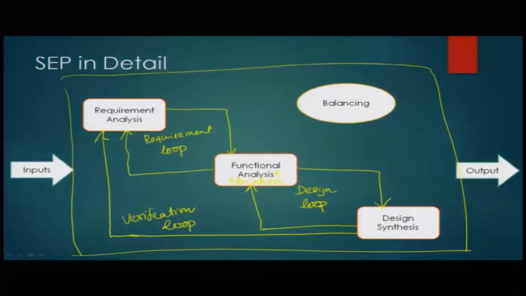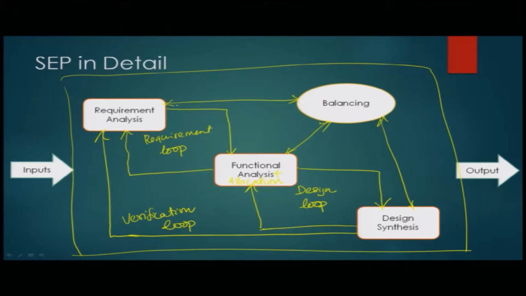So, the primary question is that there needs to be some amount of balancing. This balancing happens at each step. The process gets balanced out here. So, how is this balancing done?